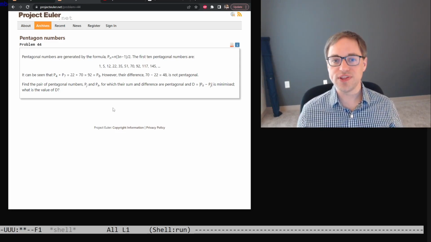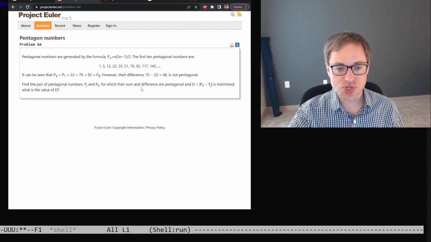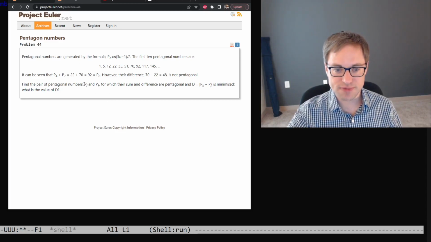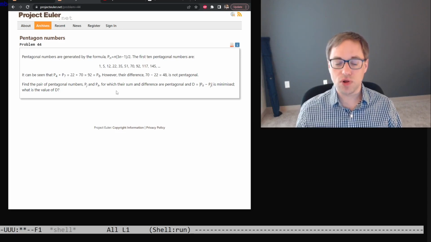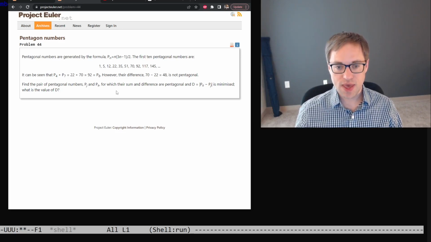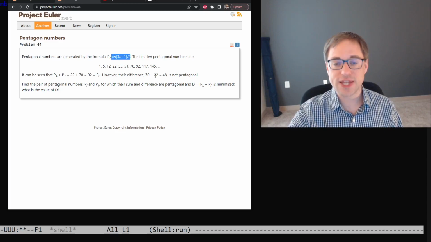So, what is this problem? Problem 44 asks us to find two pentagonal numbers, p sub j and p sub k, such that their sum and difference are also pentagonal. And it gives this expression here for the nth pentagonal number.